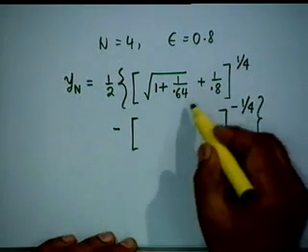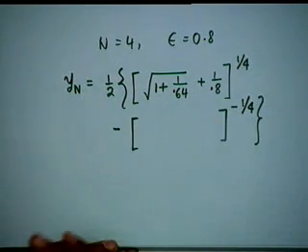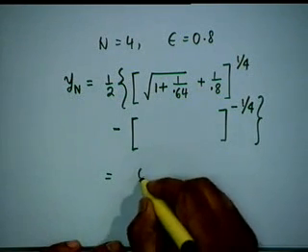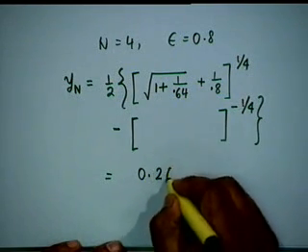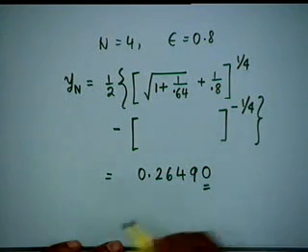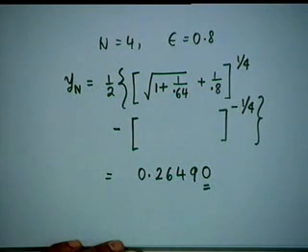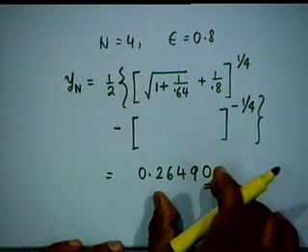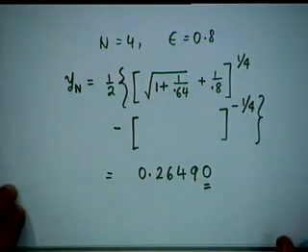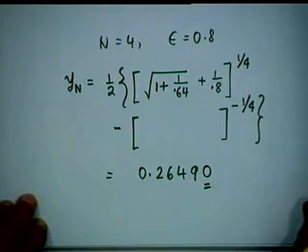This sign is positive in both of them, it is an identical factor, and this works out to, by my calculation, 0.26490. This 0 is significant. I could have omitted this, but it shows that I have calculated up to 5 places of decimals. Okay? This is Yn, and once you find Yn, Yn is the same as C0.